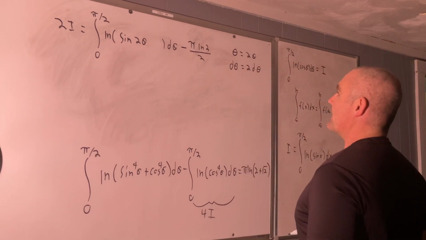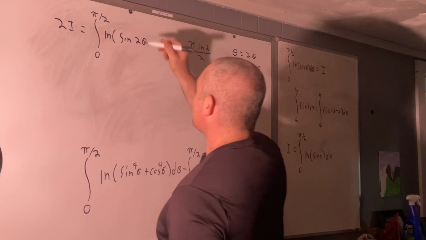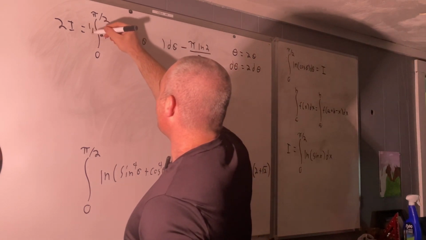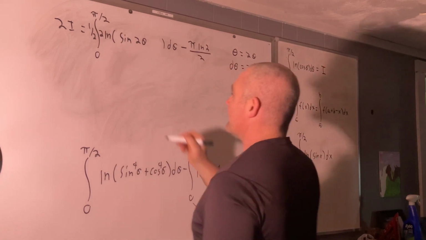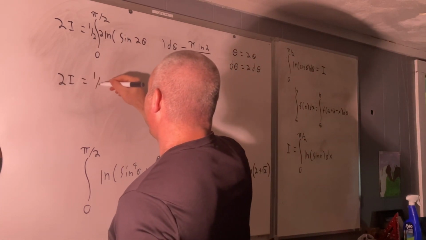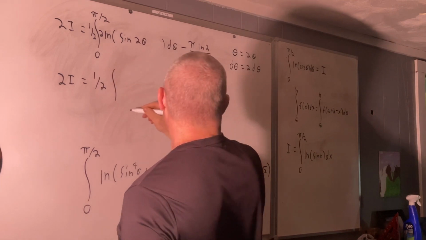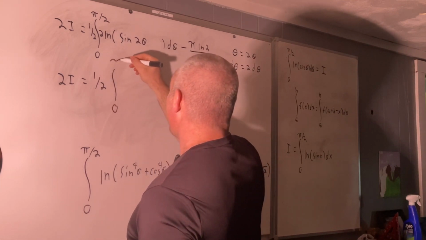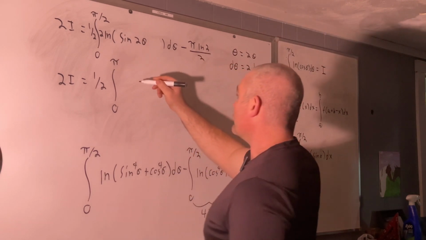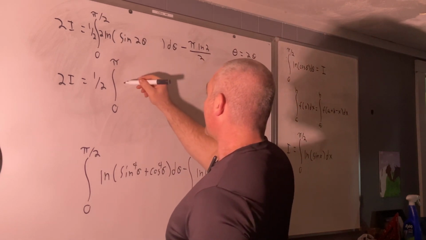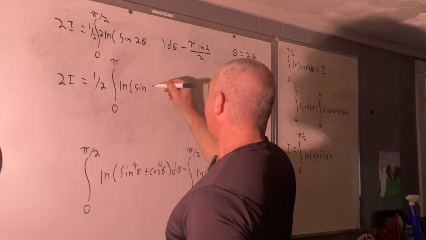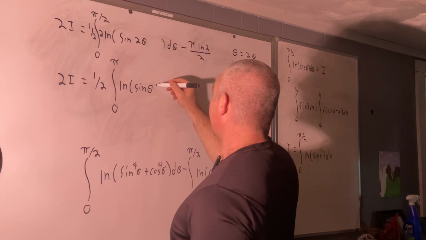Well, we don't have a 2 d theta, but we can make ourselves have a 2 d theta by just going like this, 2 and then 1/2. All right, so now we have this. We have 2I is equal to 1/2 the integral from 0 to pi of natural log of sine phi.